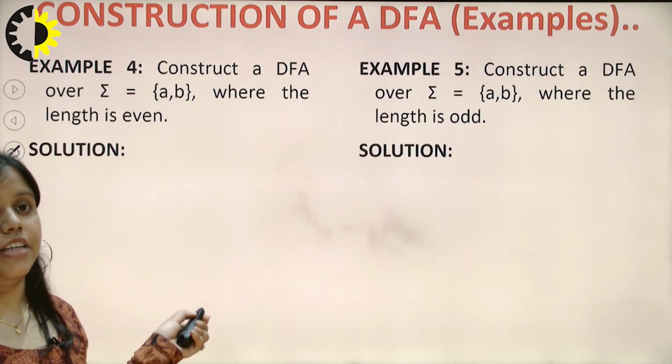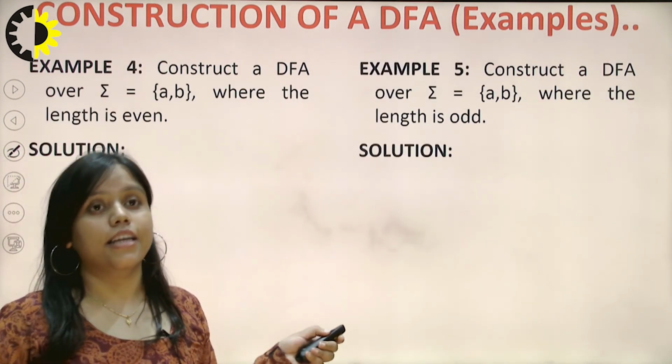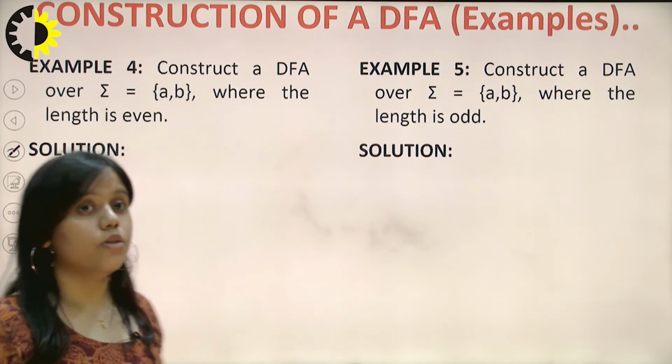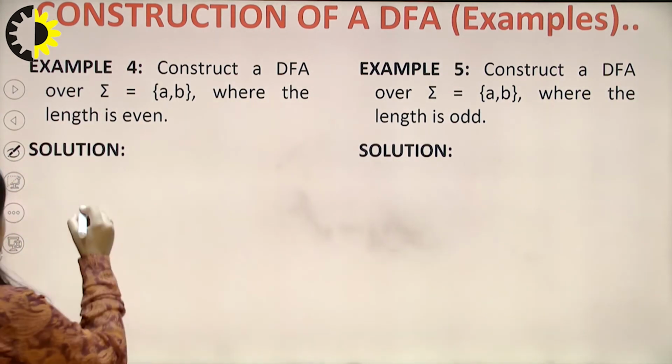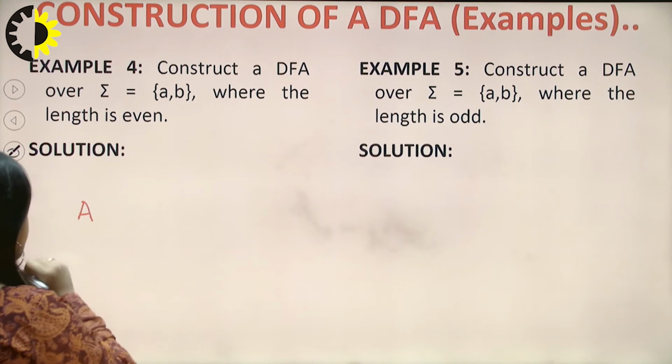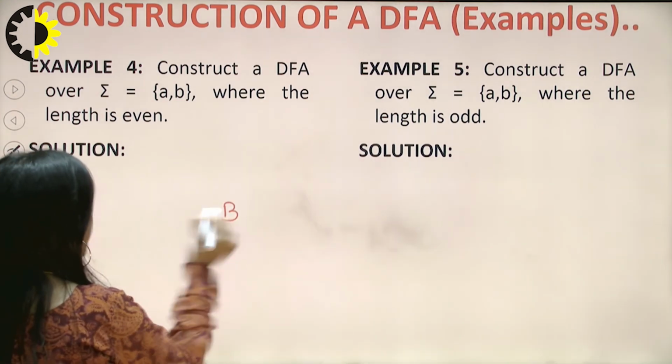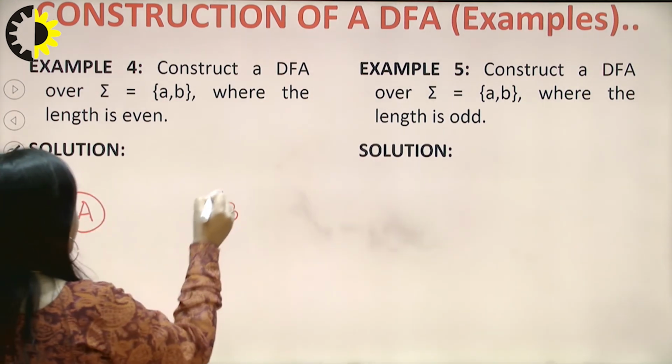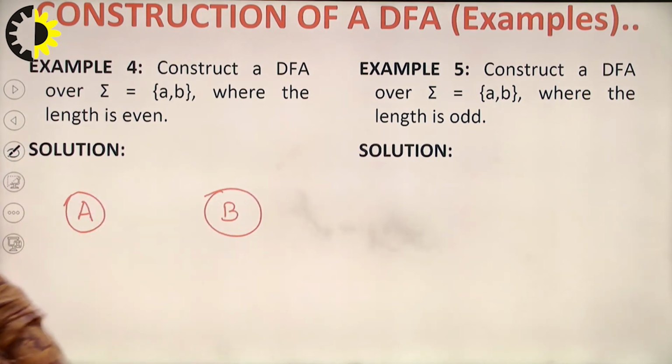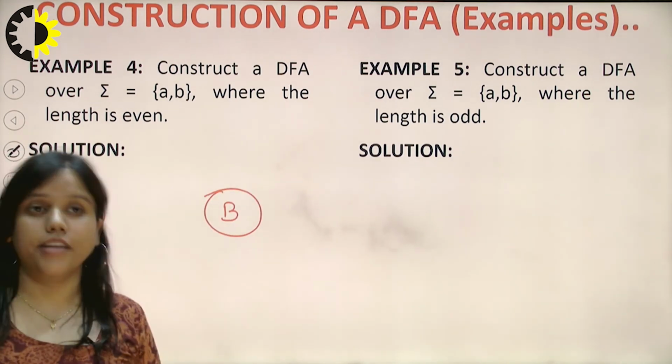Construct a DFA where the length is even. Okay. So for the length is even, we create these 2 states that I've taken. Okay.